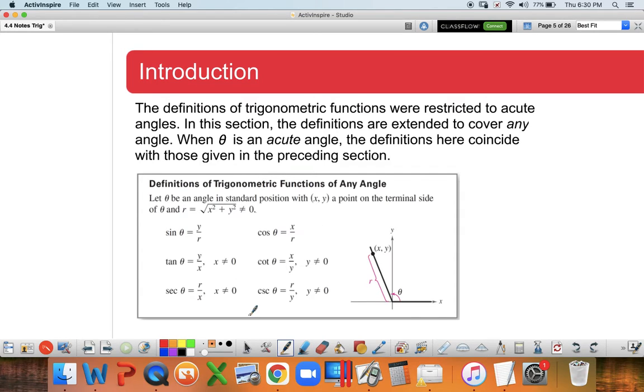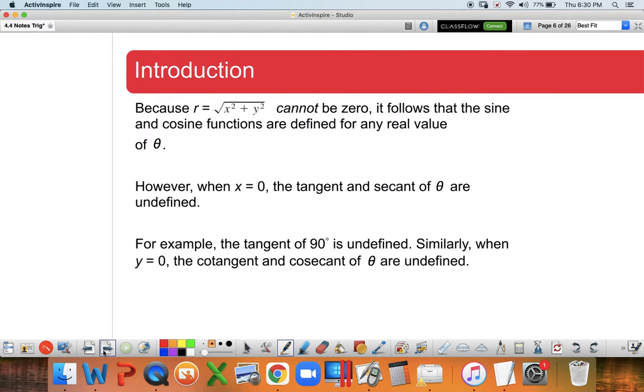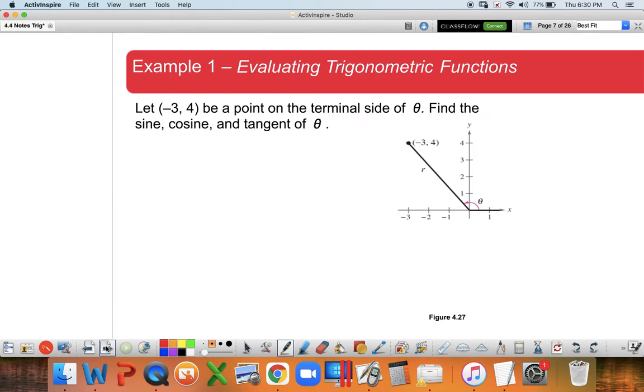But if we did want to use the idea where we have a triangle, we can set it up and figure out all these things. You can also do that as well. We always want to make sure, sometimes we may get undefined answers, like the tangent of 90 degrees is undefined, for example, and that's okay. It's okay to have undefined answers.